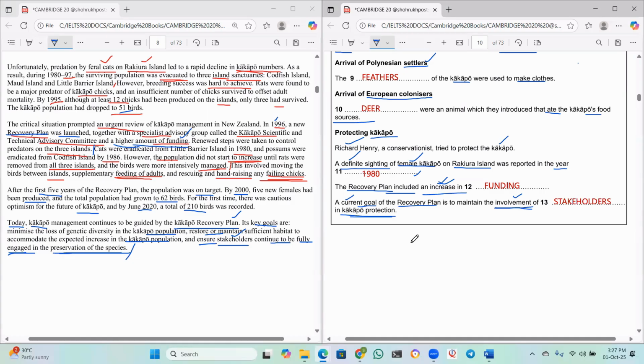If you can do the first within 15 minutes, then you can give more time to the second and third because the difficulty level will be increasing. The first would be easy, the second a medium level of difficulty, and the third will increase a bit. So try to do the first and second paragraphs as quickly as possible so that you can concentrate on the third paragraph.